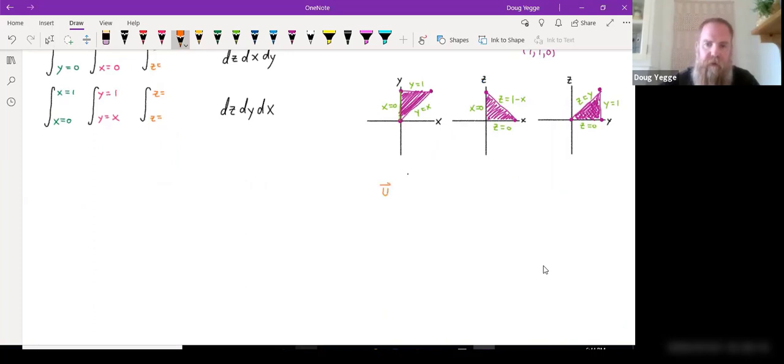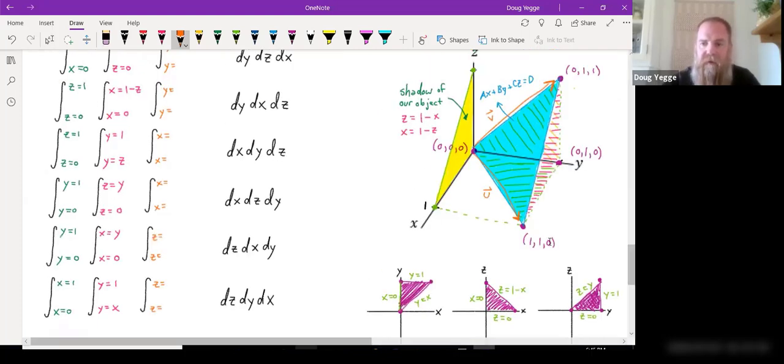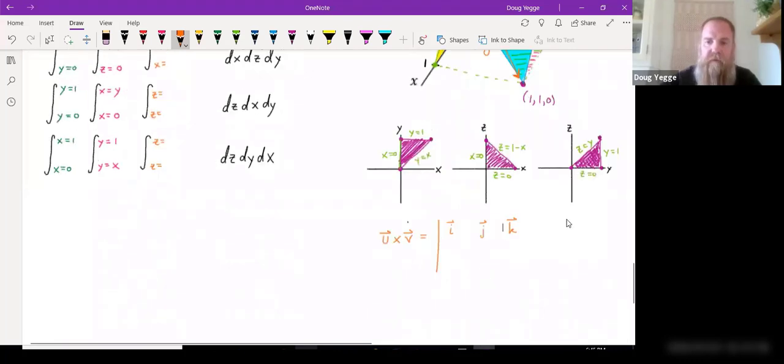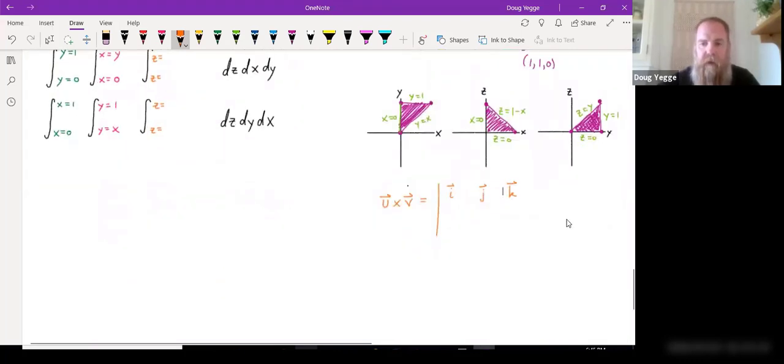So U cross V is going to be equal to the determinant of vector U, which is 1, 1, 0, with the vector V, which is 0, 1, 1. So 1, 1, 0 and 0, 1, 1.